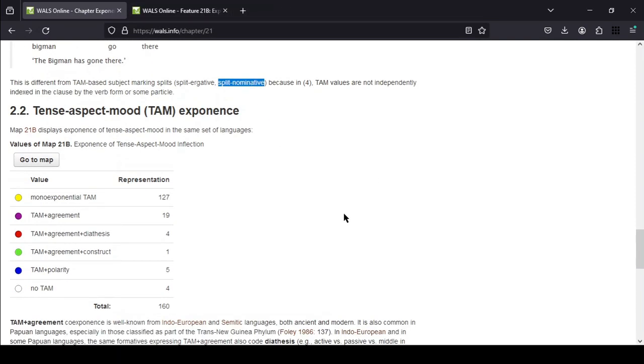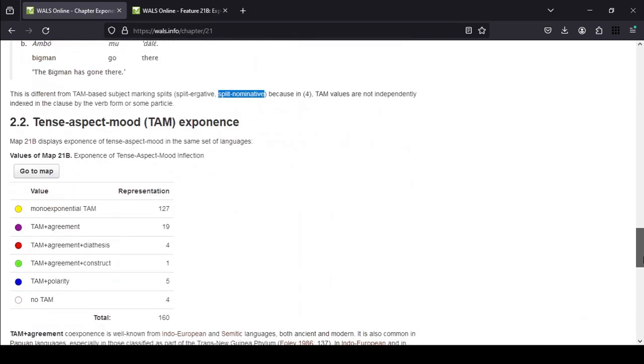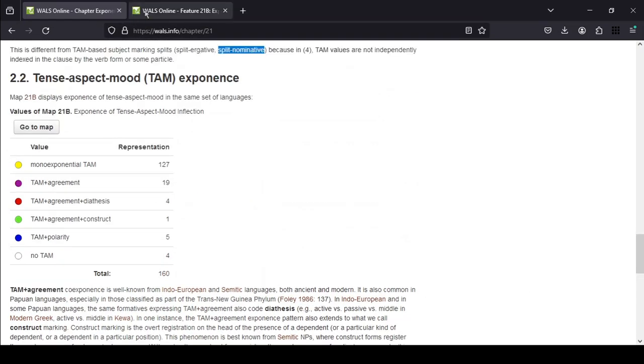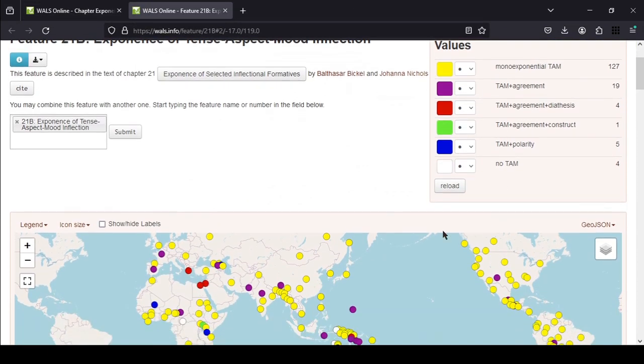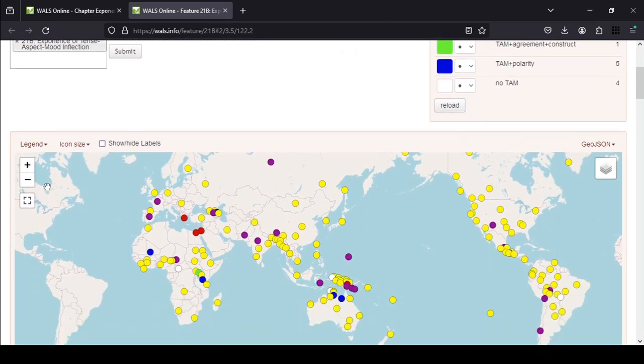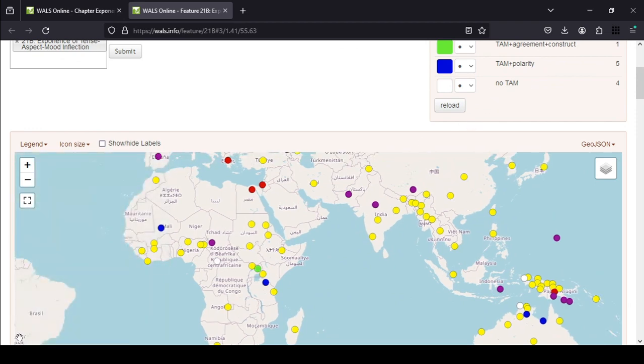TAM exponents. All right, this is our second map. It looks like there's not as much to say about it. Most of this is monoexponential TAM, which obviously makes sense. There's very, very little no TAM.